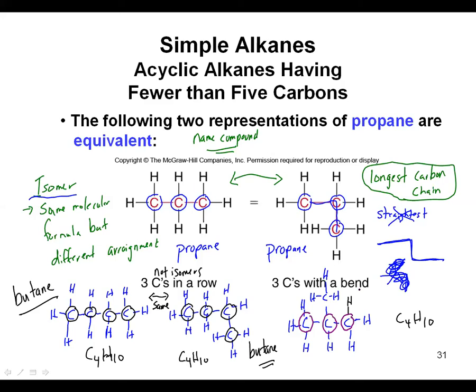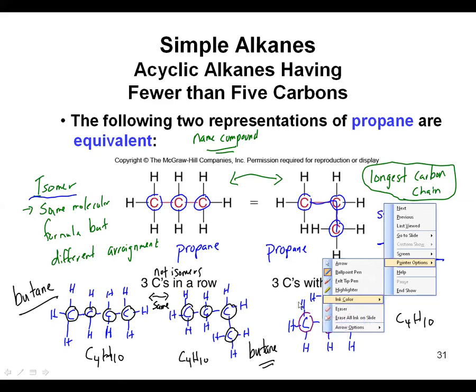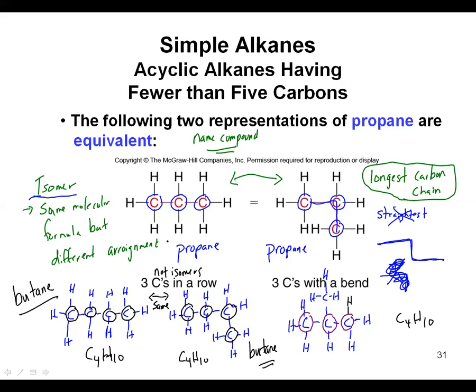You also could, if you wanted to, count it this way. Again, we can't go backwards. We have to go one way until we hit a dead end. You could go this way, 1, 2, and then go up would give you 3, but still only giving you 3 carbons no matter which way you go.